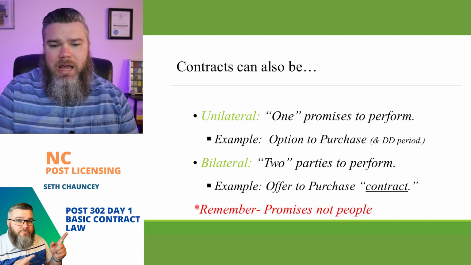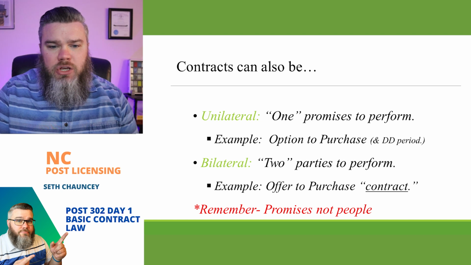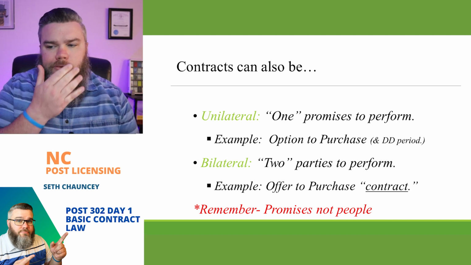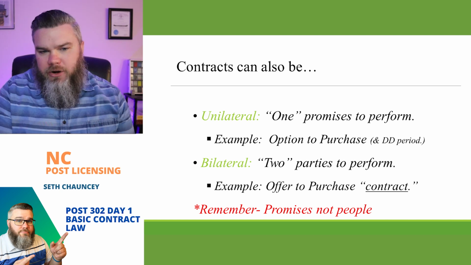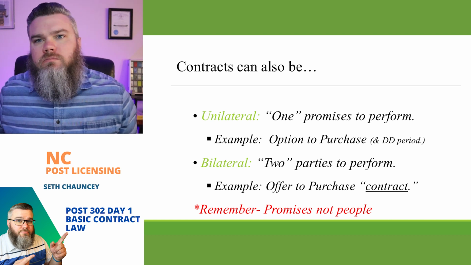So when you terminate during a due diligence period, it's called exercising your right to terminate. You have purchased that right. Well, if you go past your due diligence period and a buyer terminates, what do we call that?